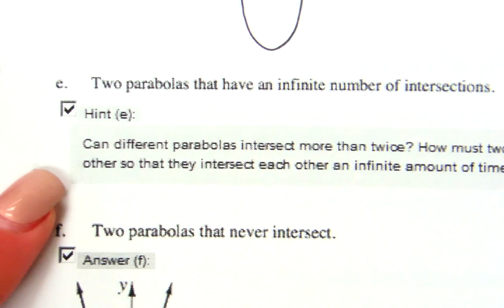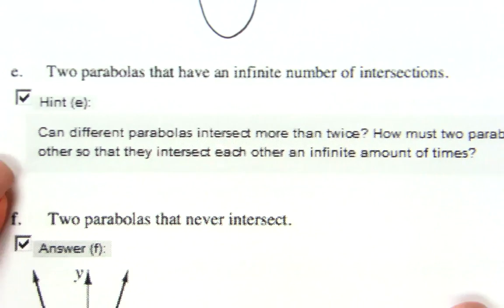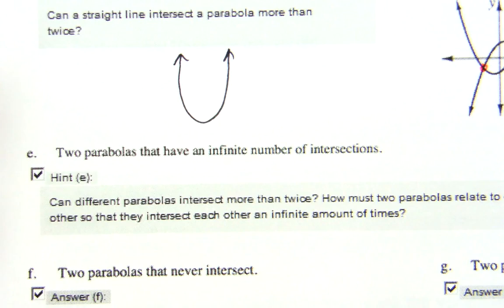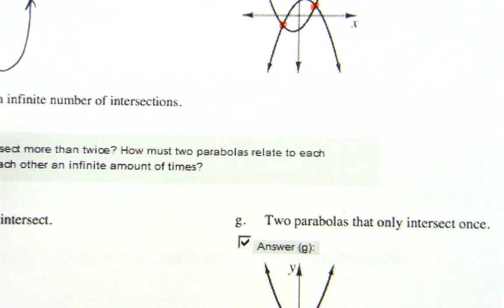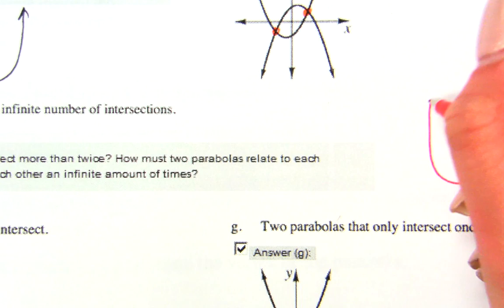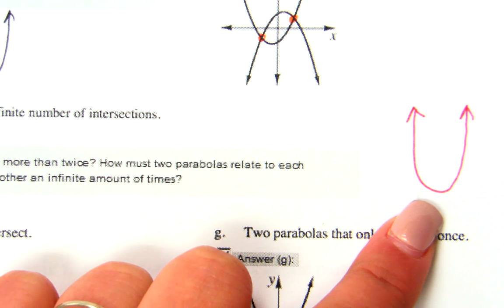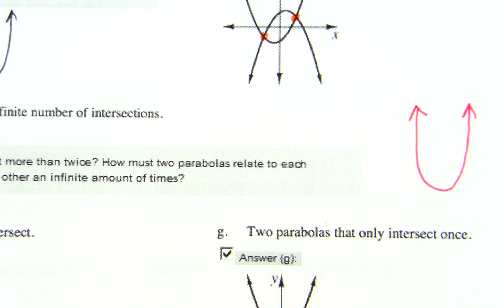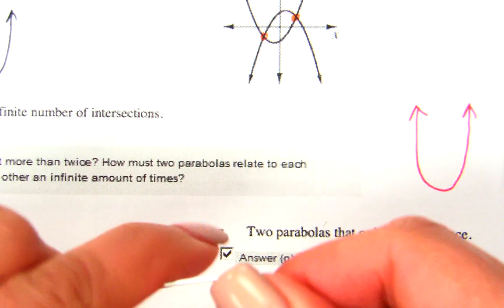Two parabolas that have an infinite number of intersections. This is actually kind of funny because the picture in the answer was kind of funny anyways. Let's say you have a parabola. It's going up. Okay. Well, if you wanted to touch an infinite number of times, if you have another parabola that comes through, hey, look, I can make a parabola with my paperclip.